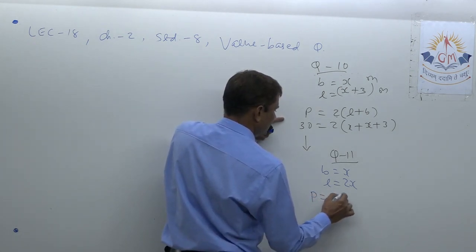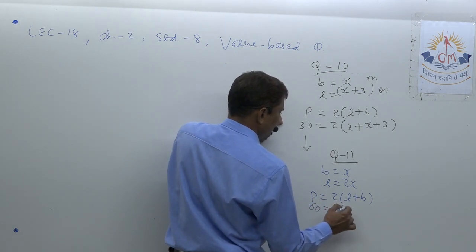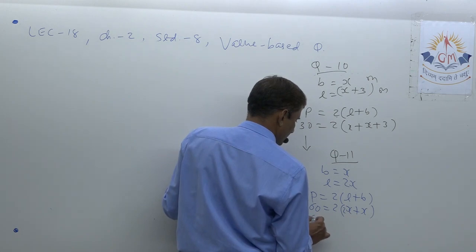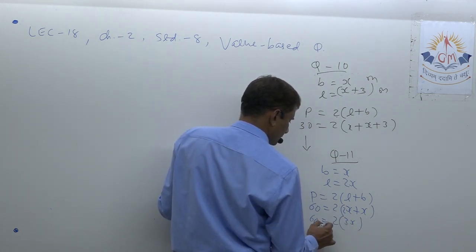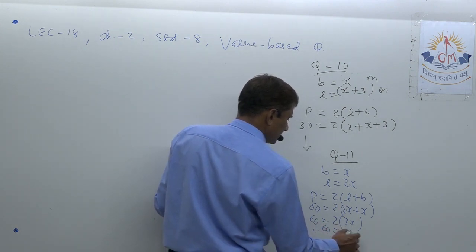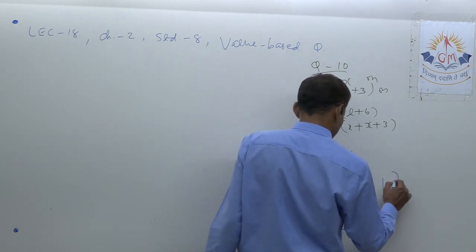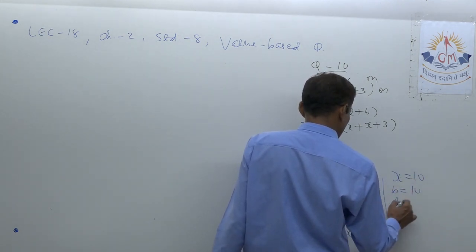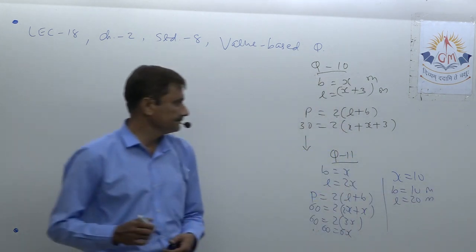Perimeter's formula: now in place of perimeter write down 60, 2 times 2x plus x. So it will be 2 into 3x. So 60 equal to 6x, so x equal to 10. You can write x equal to 10. So the breadth equals 10, the length equals 20 meter. Why? Because it is 2x.